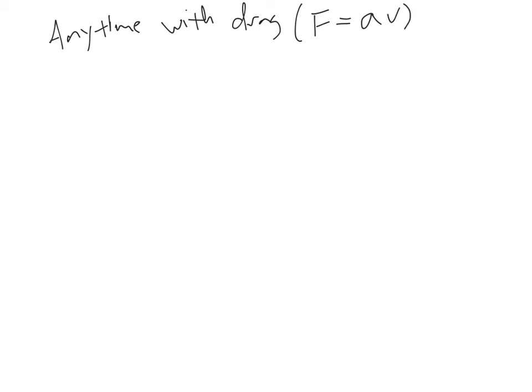The constant changes. Sometimes it's B, sometimes it's K. You kind of have to go with the flow with it. But if you want to know what the equation for the speed is, it's always going to be some sort of the maximum speed times e to the negative a over m t.